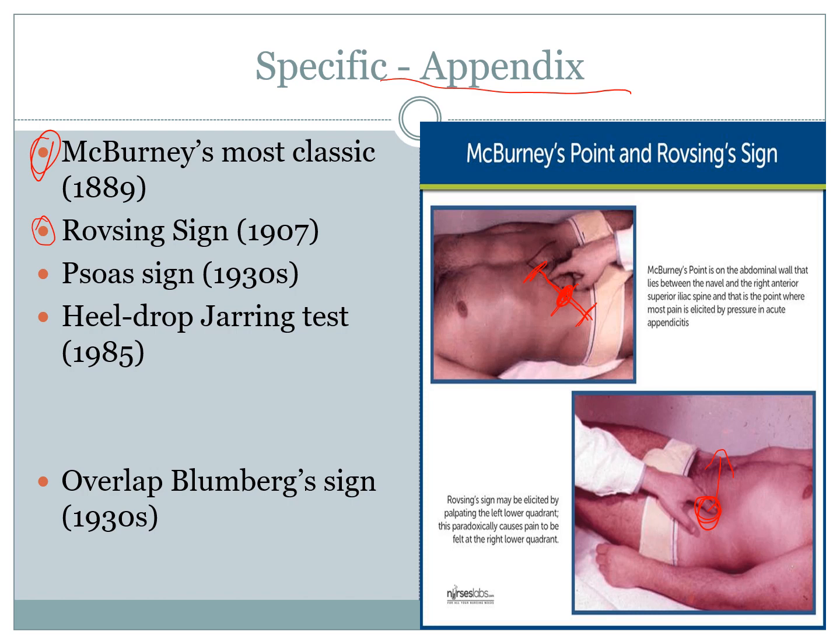That particular test really overlaps with Blumberg's sign, and Blumberg's sign is a general rebound tenderness associated with peritonitis. So it all gets very confusing. And in modern times, McBurney's point and test has very low sensitivity to actual appendicitis itself. So they've moved on to other tests.